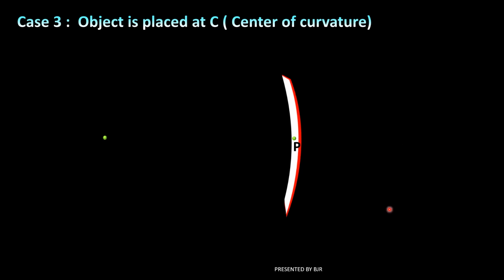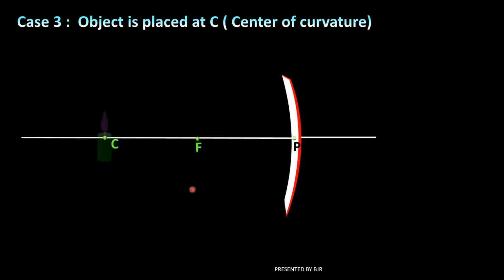P is the pole, C is the center of curvature, F is the focal point, and this line passing through these 3 points is called as the principal axis. Now I am going to place the burning candle at C here. Now we have to draw the ray diagram in this case to know the position of the image formed.